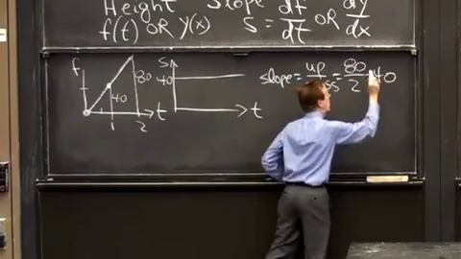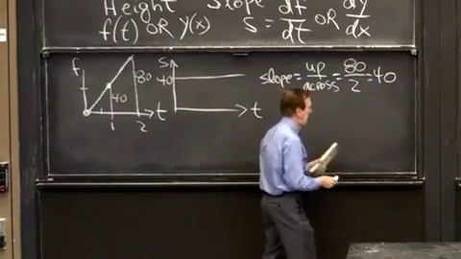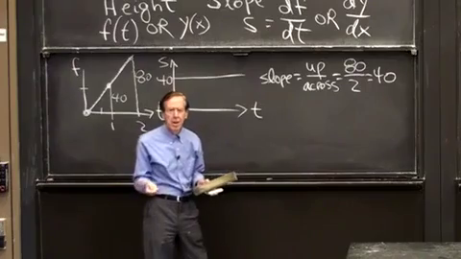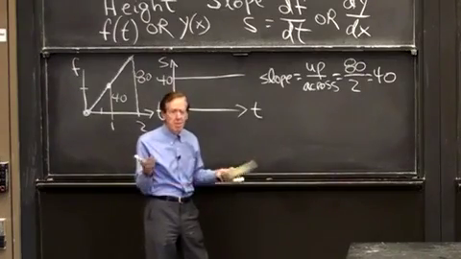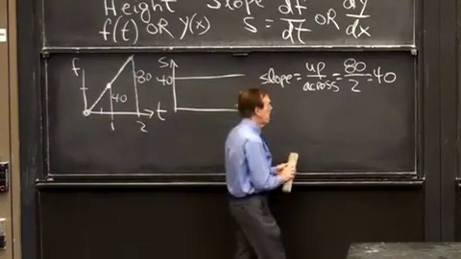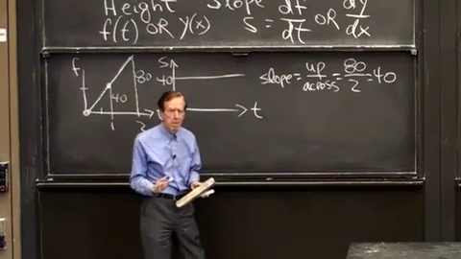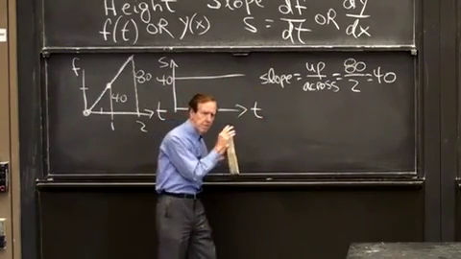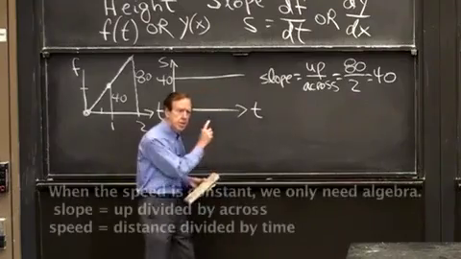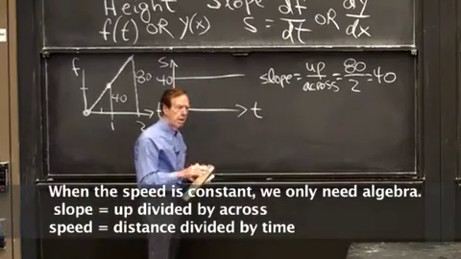40. Oh, let me do it. That's arithmetic. Let me do it with algebra. We don't need calculus yet, by the way. Calculus is coming pretty quickly. This is the step we can take.